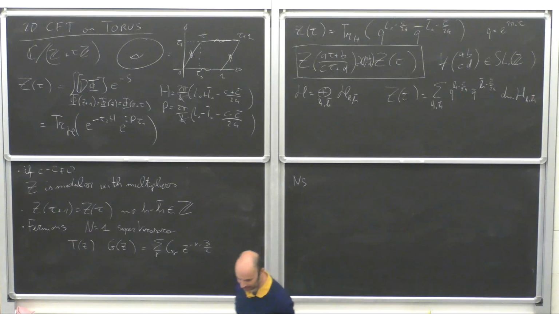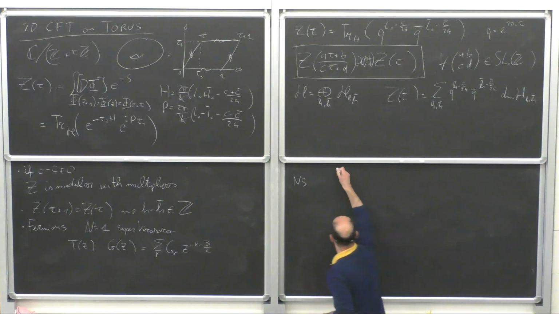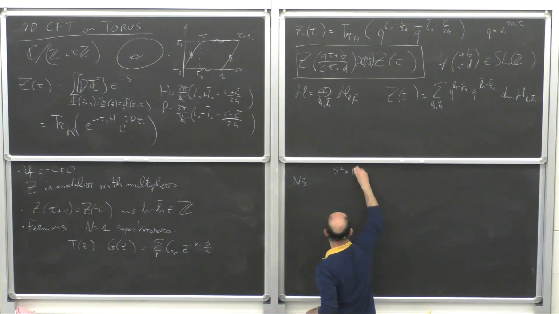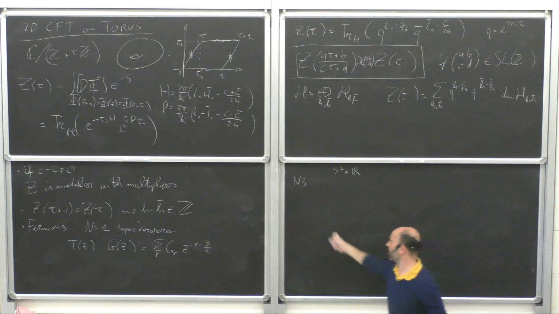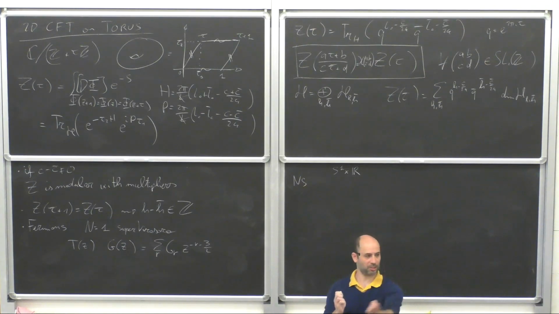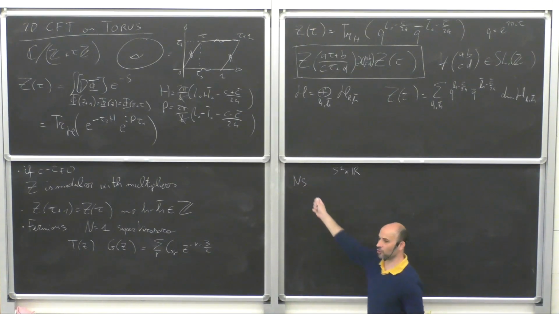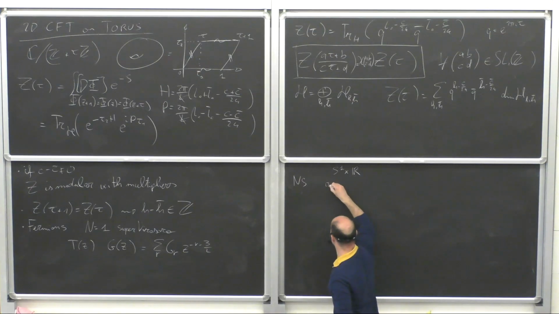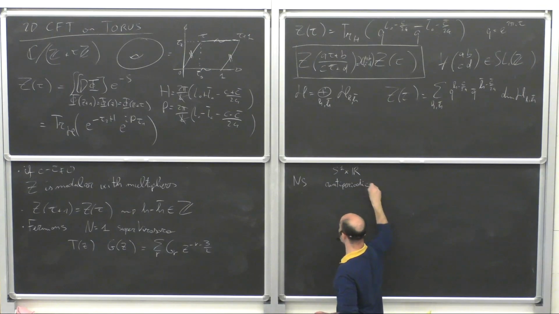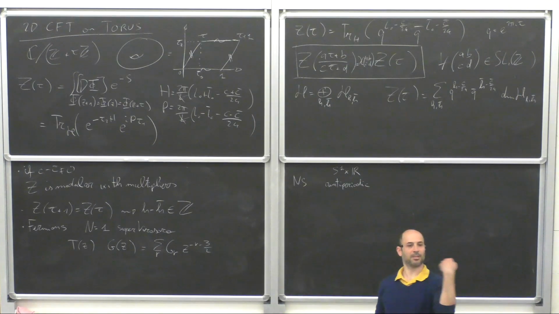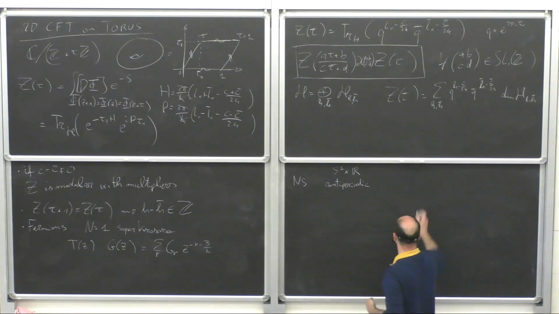In a Neveu-Schwarz sector, if you are on the cylinder, so if you're looking at the space of states on a circle in a cylinder, then Neveu-Schwarz sector means that your fermions are anti-periodic as they go around the circle on the cylinder.